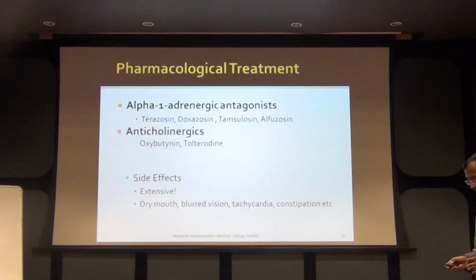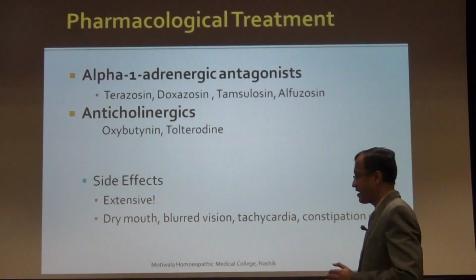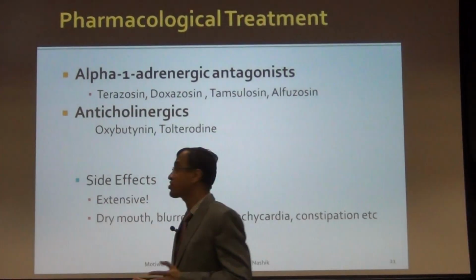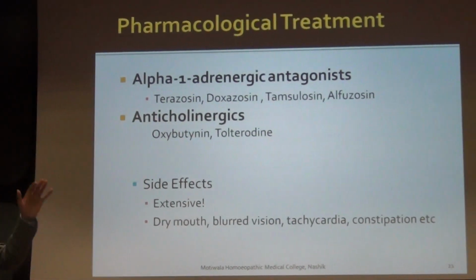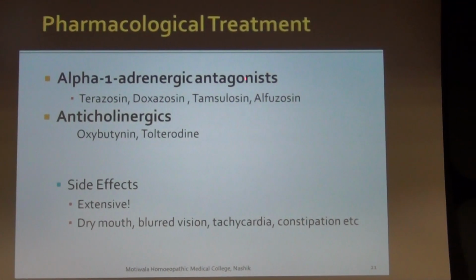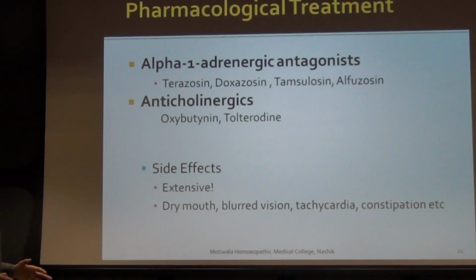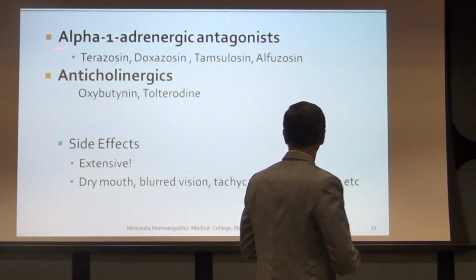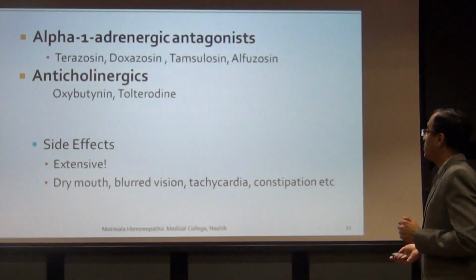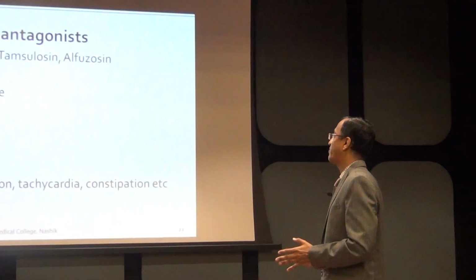They can be at the level of dry mouth, blurred vision, tachycardia, constipation, hypotension. Specifically, alpha-1 adrenergic antagonists are known to produce hypotensive attacks, and anticholinergics will also very commonly affect the urinary, genitourinary functions. So these are the pharmacological therapies which are available.